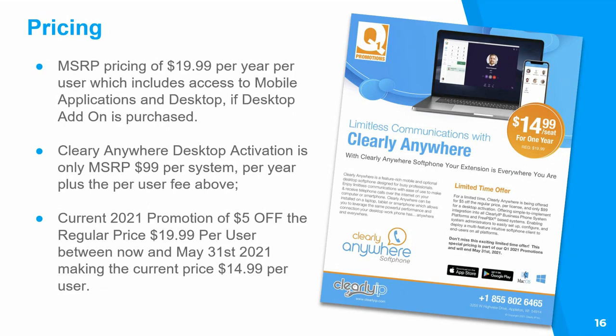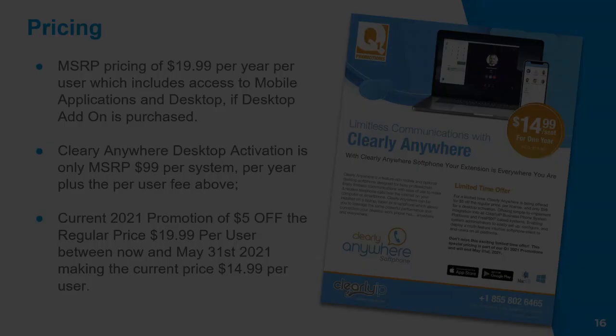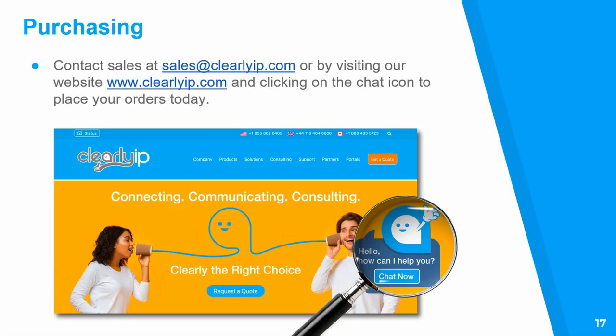So the total yearly charge would be that $99 desktop activation fee plus the $299 license fee, which comes to around $399 per year. So each of the 20 employees could use either mobile or desktop and install it on unlimited devices.